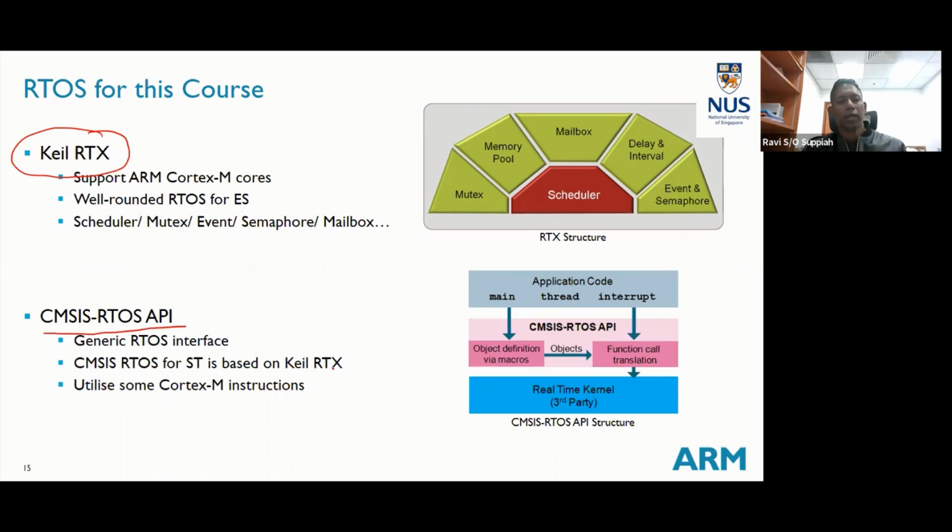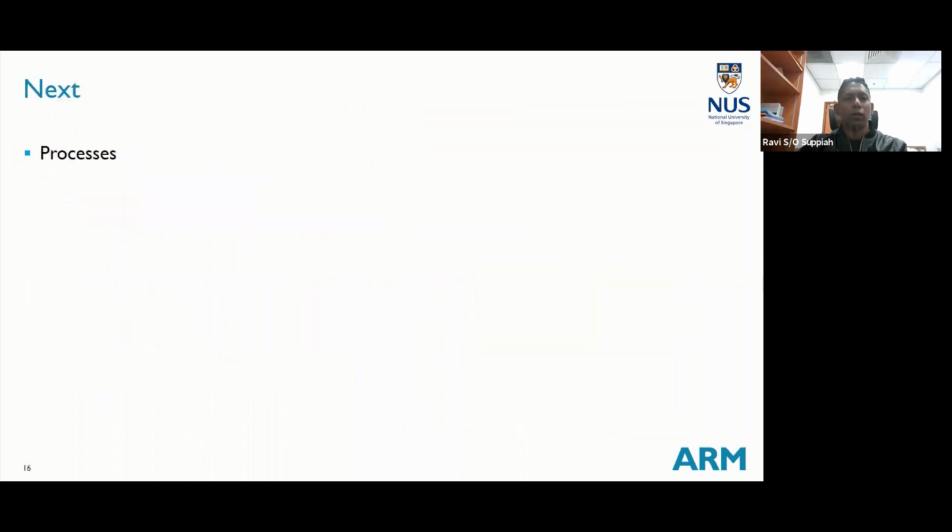So in our code, you will find a mix of the KL RTX as well as the CMSIS library functions. Both of them will help us to access many of the OS-related calls that we will be seeing. So that is basically to give you a good overview.